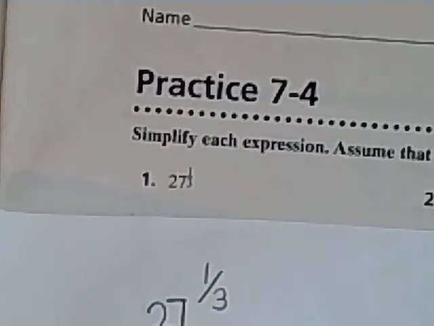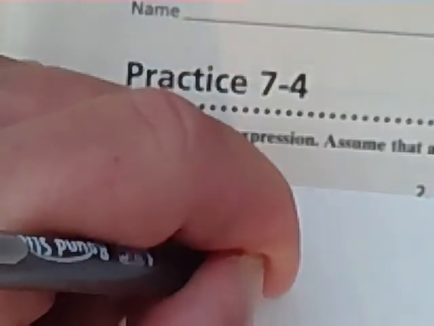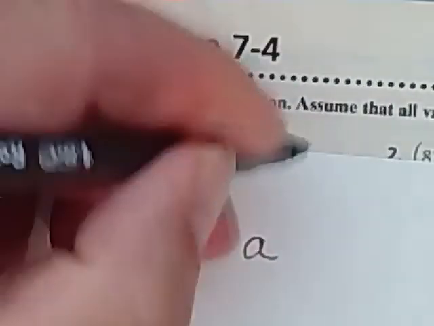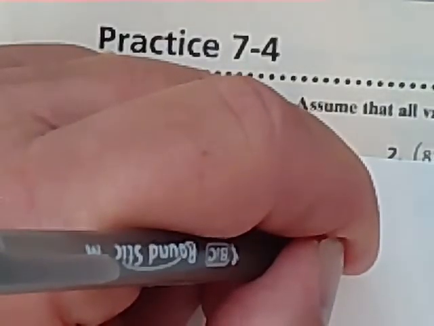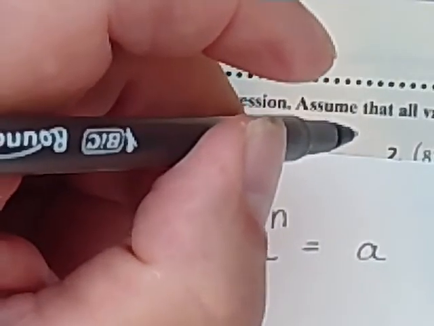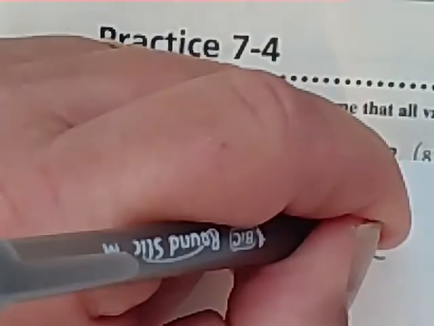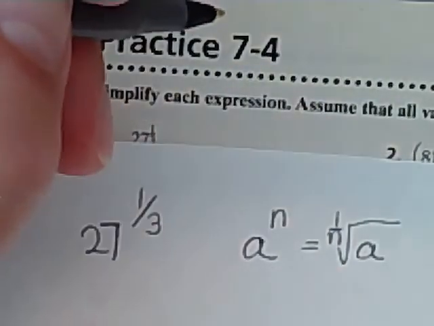Simplify 27 to the 1/3 power. Well, okay, so any number a raised to the nth power is equal to... oh gosh, that is terrible. Don't write that one down.